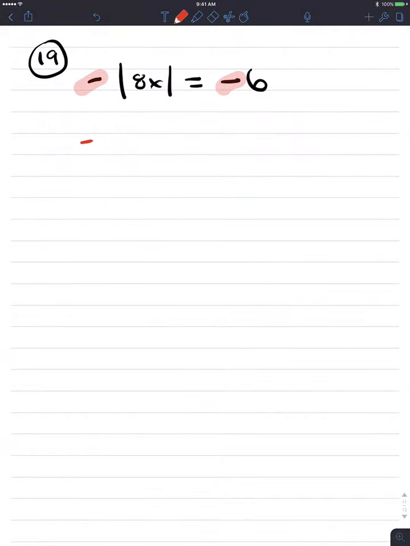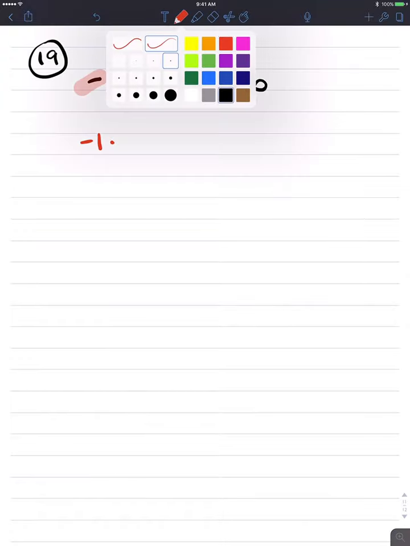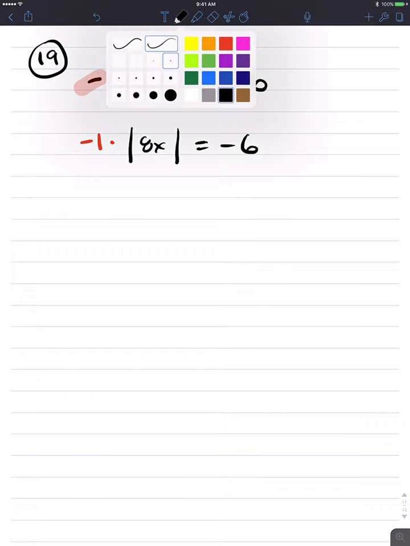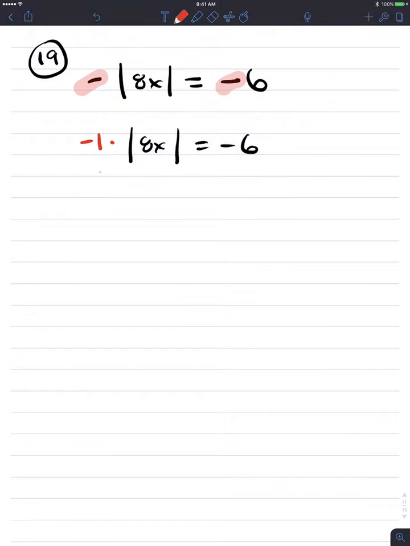So this really means negative 1 times the absolute value of 8x is negative 6. So again, we're going to solve for the absolute value by dividing both sides here by negative 1, so we get cancellation. We'll have the absolute value of 8x now be negative divided by a negative, which is positive.